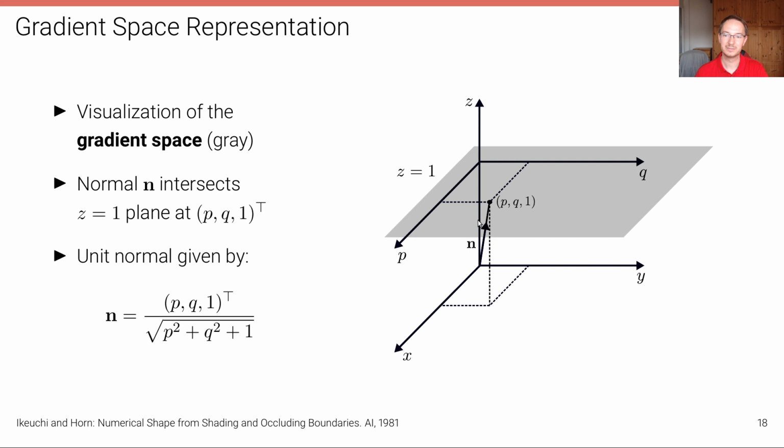So for any normal that is not lying exactly in the xy plane, and that doesn't have a negative c component, we can find an intersection with the PQ plane, with this gradient space plane, and we can determine that point PQ1.